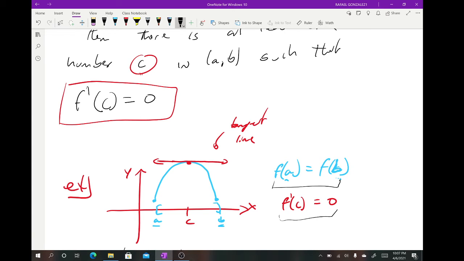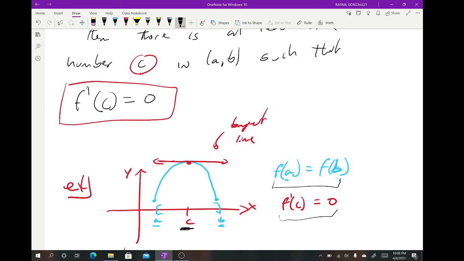Well, the way that I drew it, f(a) is equal to f(b), which means that we can actually apply Rolle's theorem. Rolle's theorem says that if all these three things are met, then there is a value of x, we call it c just to differentiate it, such that when you plug c into the function, the derivative is equal to 0.